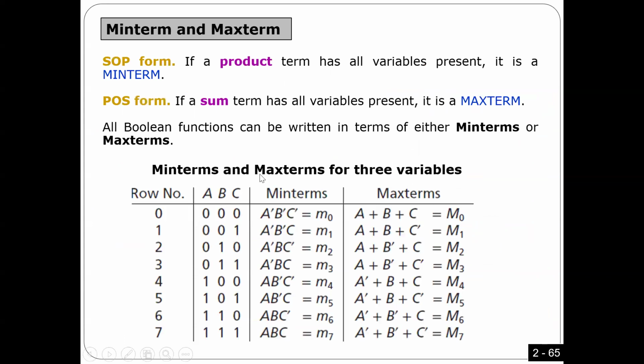So that's why, if this is the input and I want to get the min term equivalent to this one, that means if the function has 1 here, what will be the min term here? A prime, B prime, C prime, right? Because I have to guarantee 1, 1, 1. If the 1 is here, this should be the min term here. So if the function has 1 here, what is the term I will get?